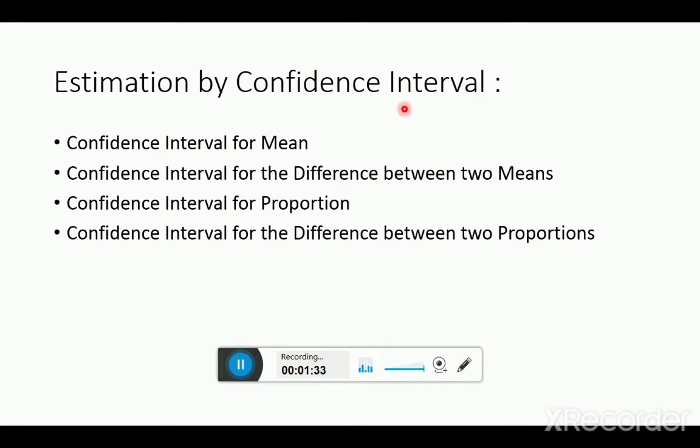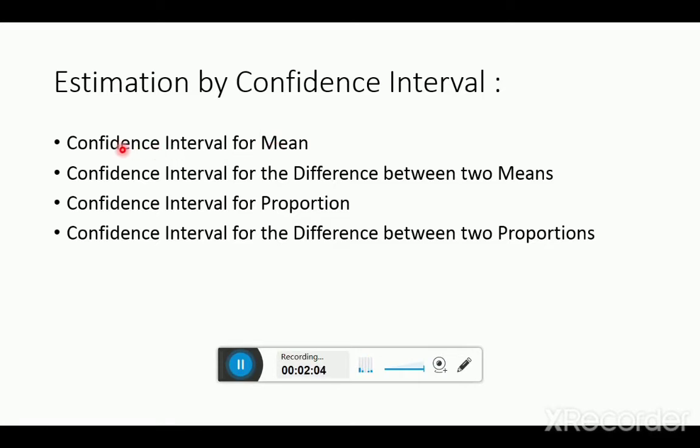Now under the confidence interval we will discuss a total of 4 parameters. One is mean, second is the difference between two means, third we have proportion, and the last parameter is the difference between two proportions, meaning P1 minus P2. Under estimation by confidence interval we will find a confidence interval for each parameter.